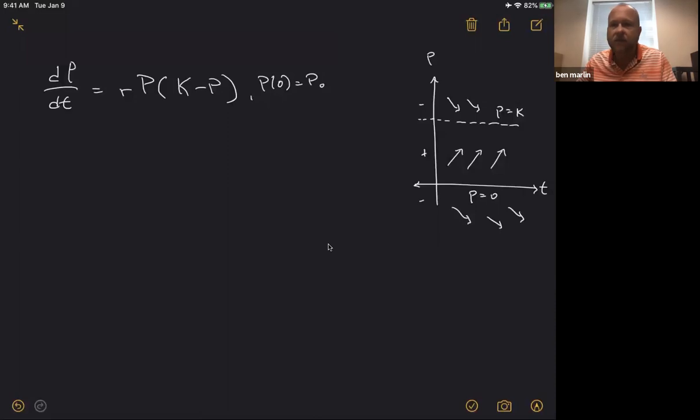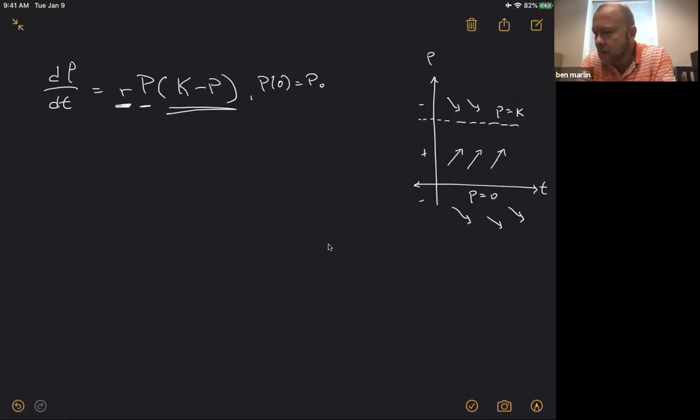The R that we have there is going to play the same kind of role as the proportionality constant did in the previous problem where we were talking about exponential growth. But now, in addition to being proportional to P, it's jointly proportional to that and K minus P, where K is something that we use to represent a carrying capacity, some maximum amount that we might have for a population.